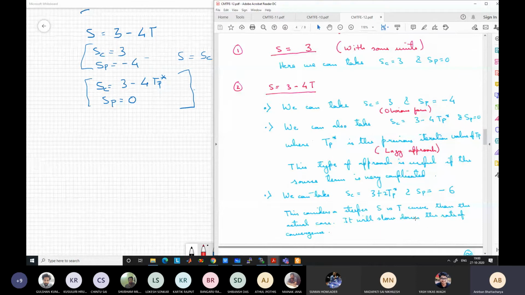So if you go very slowly, chances of going towards the correct solution increase, although it may take more time. If you go fast, means in each step you are making more and more changes, then the chances of going towards the correct solution actually decrease. You may go towards the opposite side also, which is called divergence. Although if you reach convergence, it will be faster.